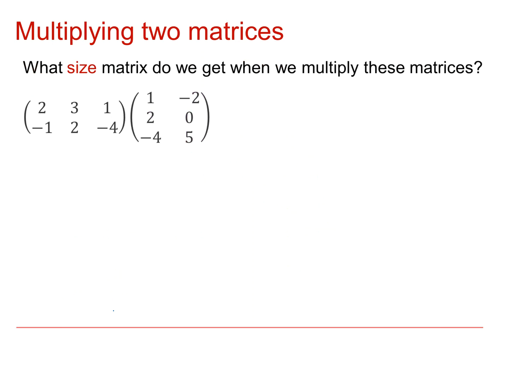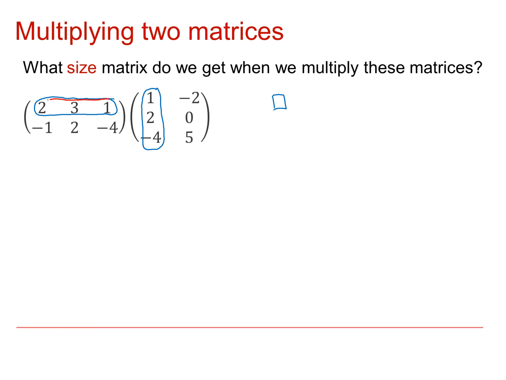What about these two matrices? What size matrix would we get when we multiply these? Pause the video for a moment while you think about it. OK, we take the first row of the first one and multiply it by the first column of the second. That will give us the top left.